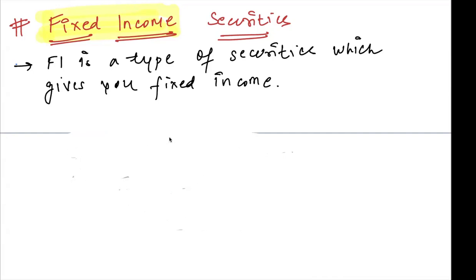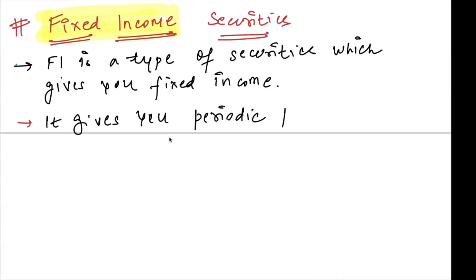He'll get it every day, every month, every 3 months, every 6 months, every year. That we'll discuss. But right now, all of you should know is that fixed income is a type of security which gives you fixed income, or you can say it gives you periodic payments. Is this clear? Please tell me first, is this clear?